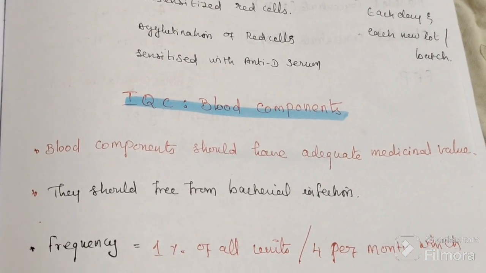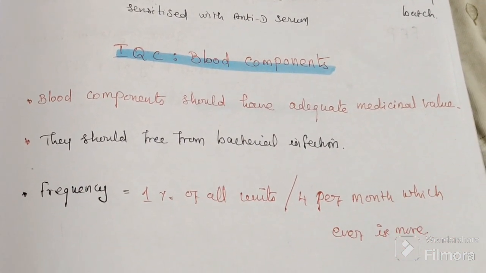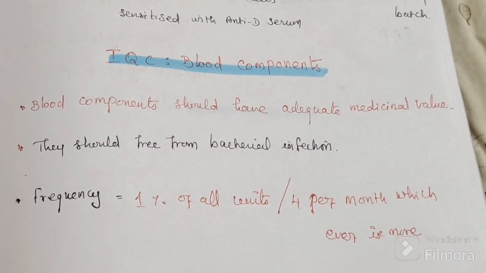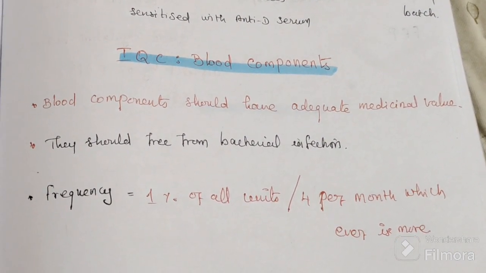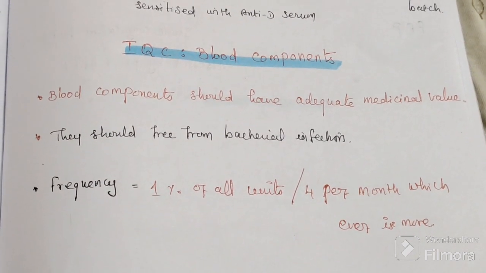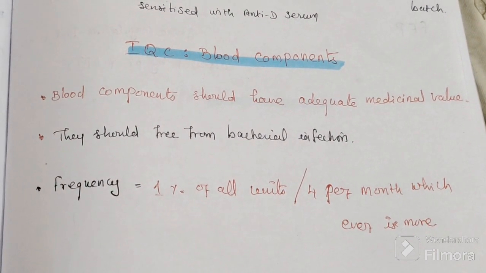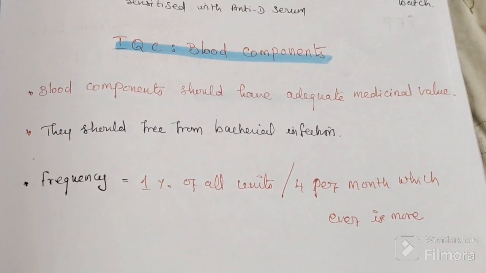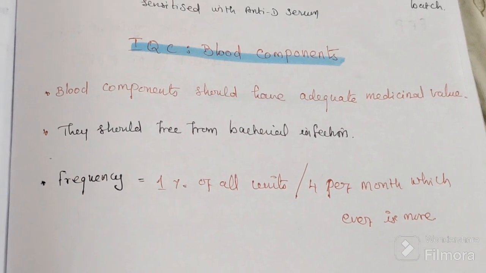Then IQC of blood components: they should have adequate medicinal value and should be free from bacterial infection. Frequency: 1% of all units or 4 per month, whichever is more.